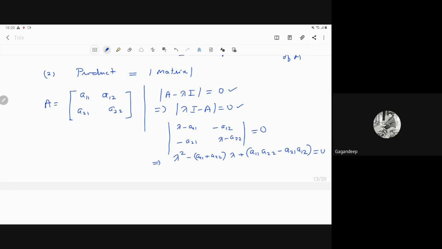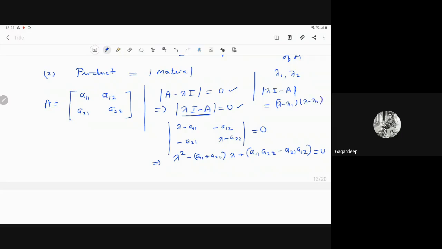Now if lambda 1, lambda 2 are eigenvalues of A, this expression is a second degree polynomial in lambda, right? So this expression can be written as (lambda minus lambda 1) into (lambda minus lambda 2).